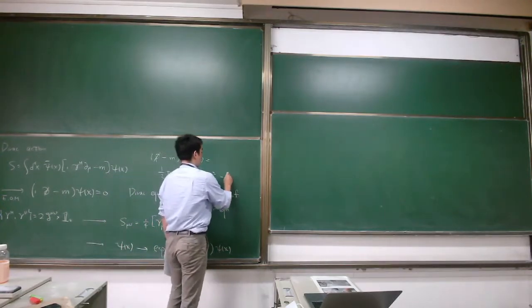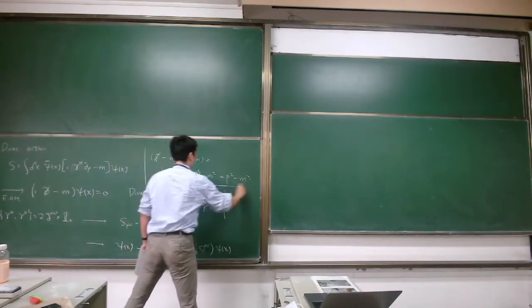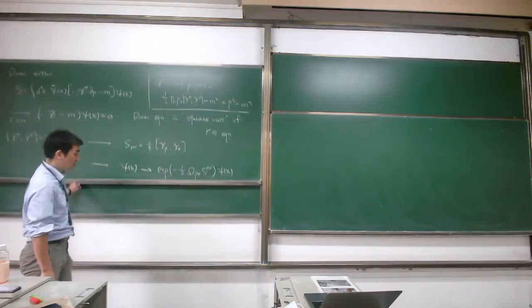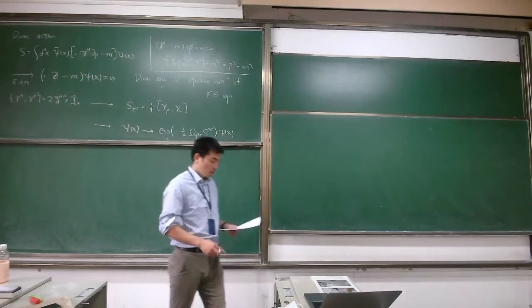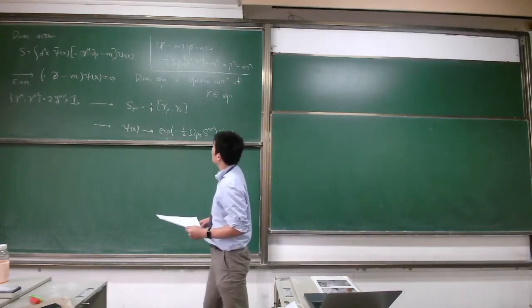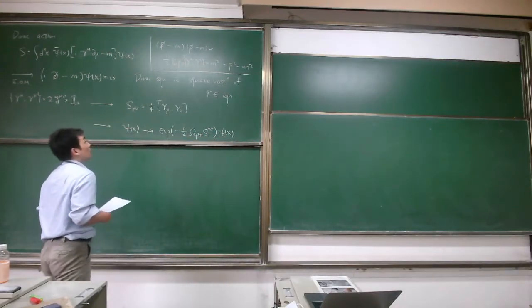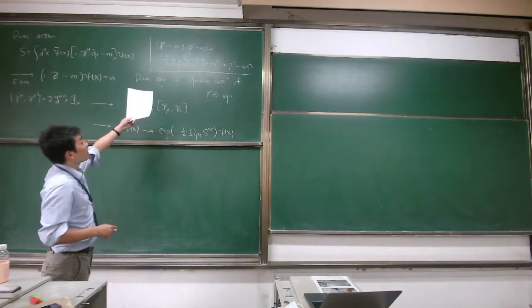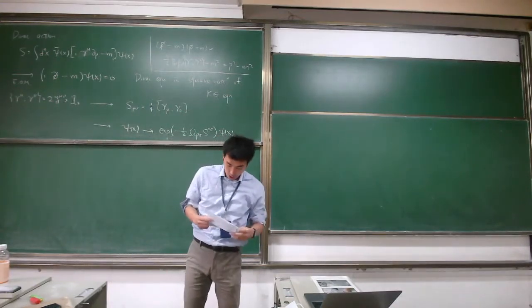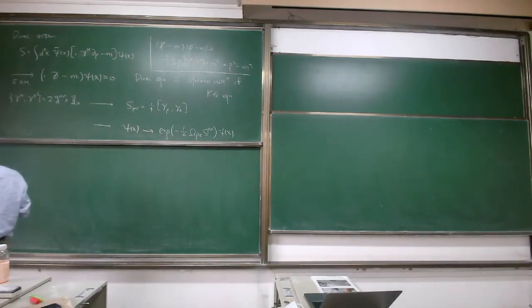Therefore, the Dirac equation can be understood as a square root of the Klein-Gordon equation. That's what we learned.